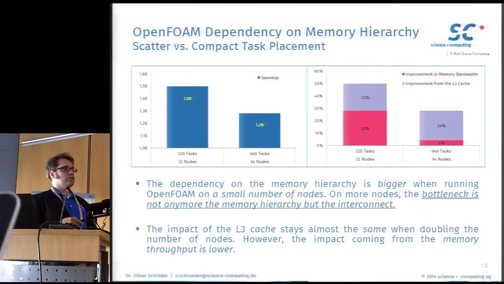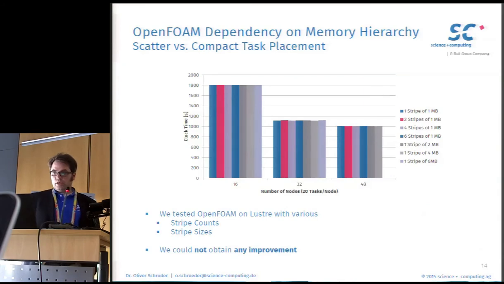So here we have 22 and here we have 24%. Since you have twice as many tasks here as you have here for the same problem, the memory that each task needs is smaller, so the memory throughput isn't as crucial anymore. And now the main problem that's left seems to be the interconnect.